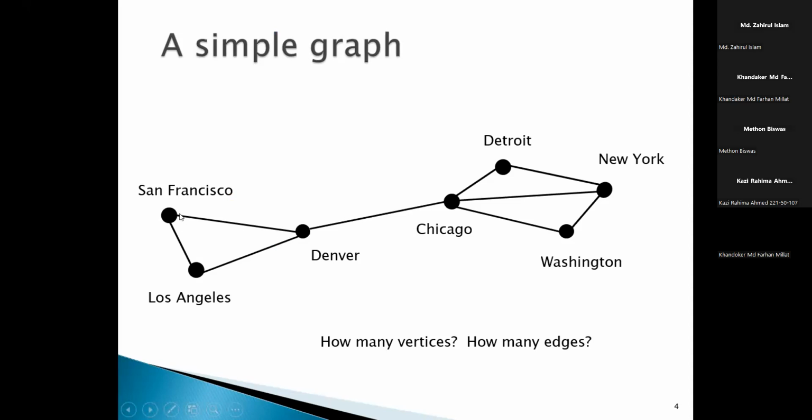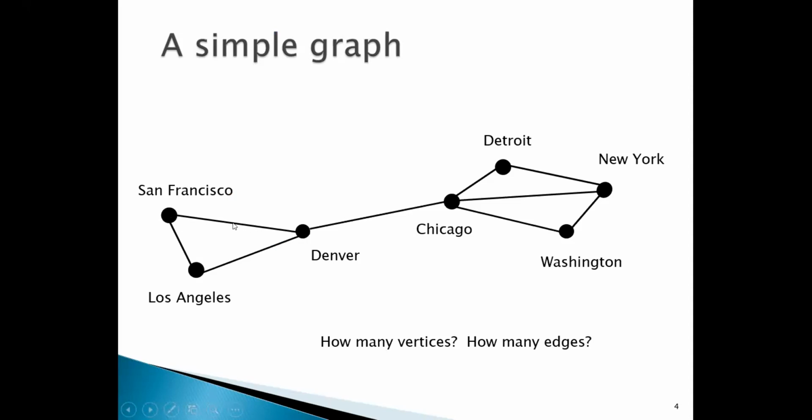The connection between the San Francisco and Denver nodes is called the edge. So these straight black lines are called the edges, and the black dots are called the vertices or nodes. By seeing this simple graph, can you tell me how many nodes or vertices there are and how many edges there are?